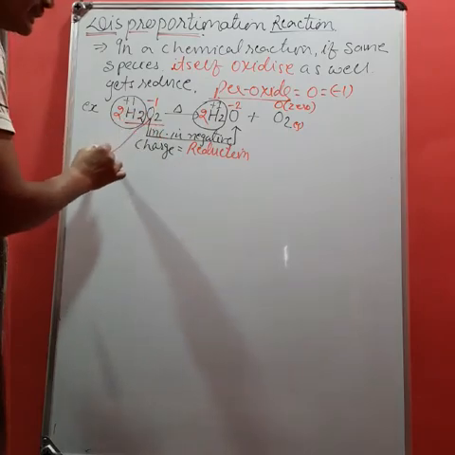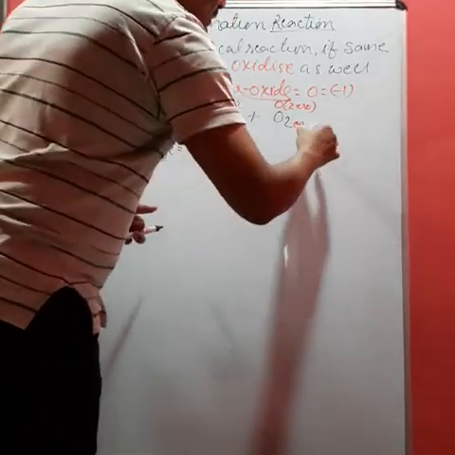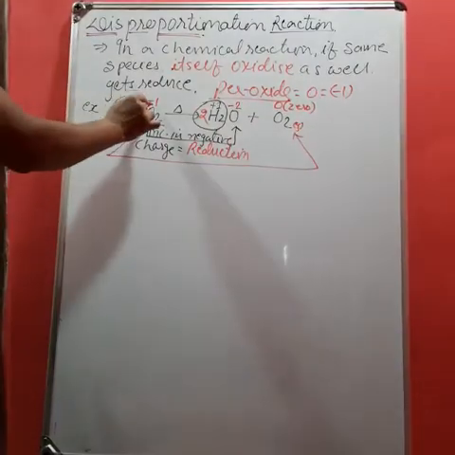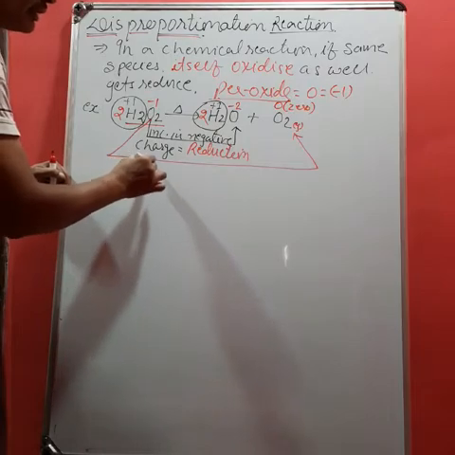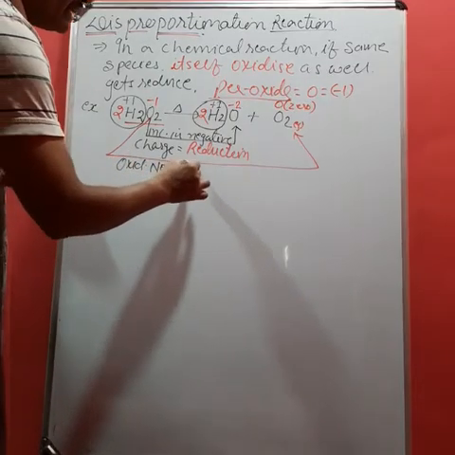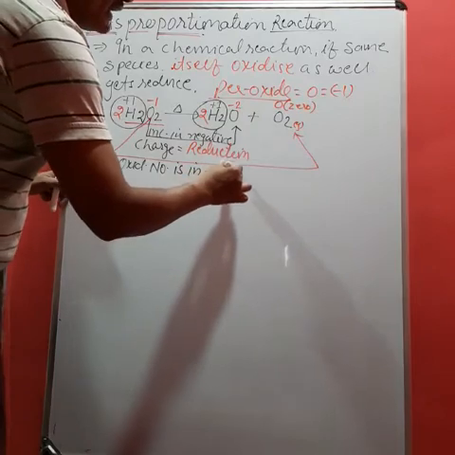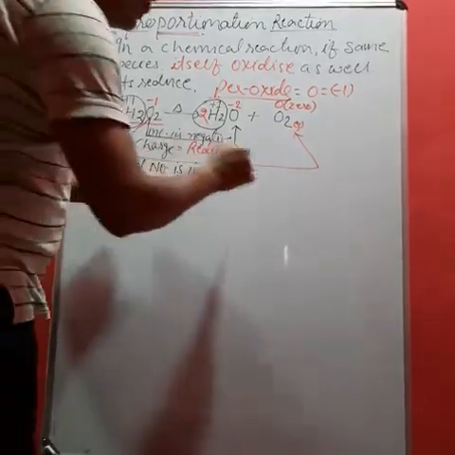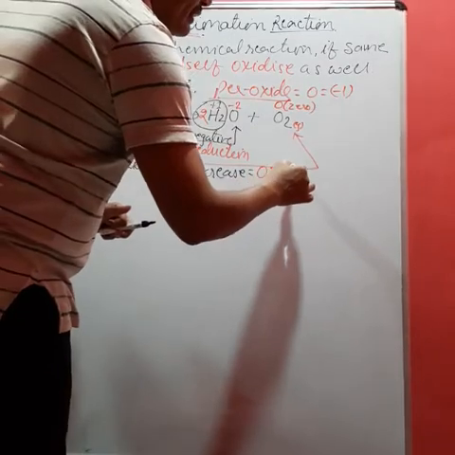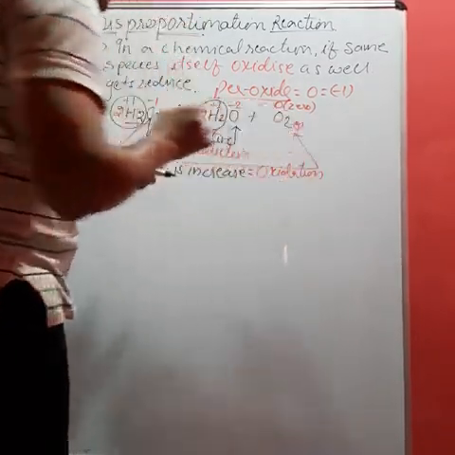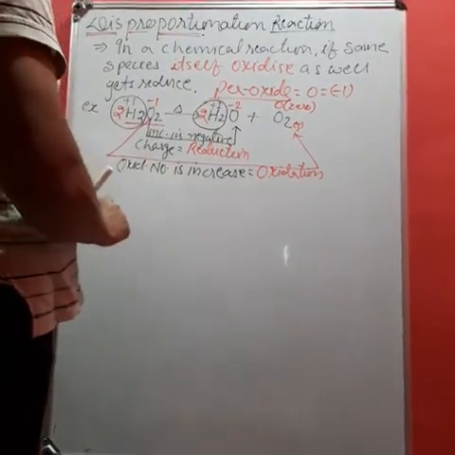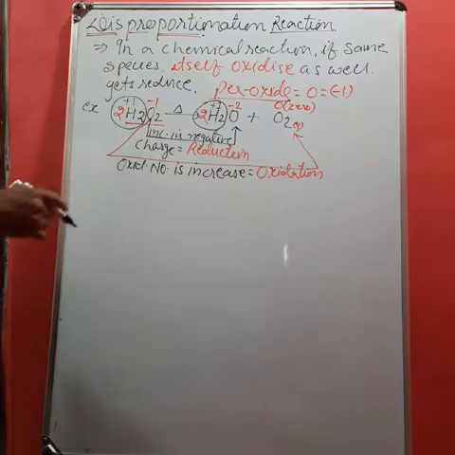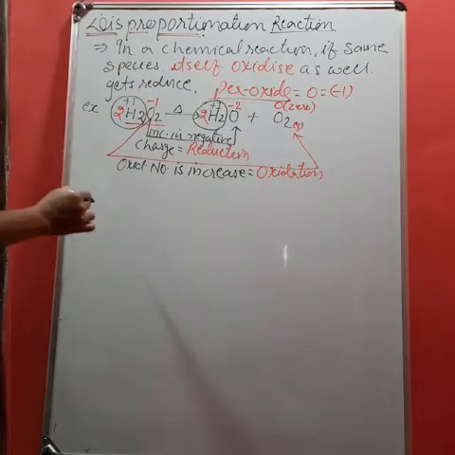The same species, now compare it with the O2 molecule, where it goes from -1 to 0. So we can see here the oxidation number increases. An increase in oxidation state is known as oxidation. So student, here the oxidation and the reduction take place simultaneously. Therefore, this is called a disproportionation reaction.